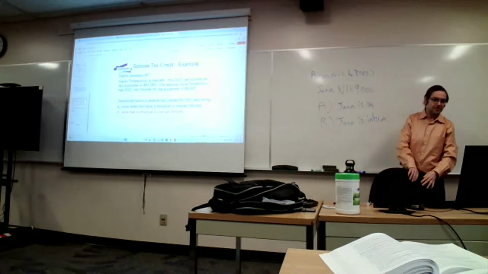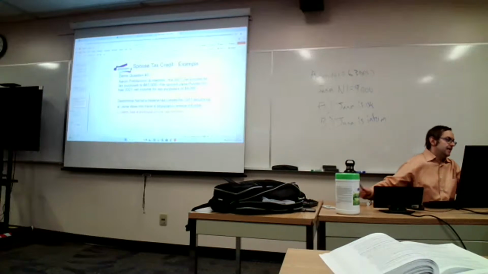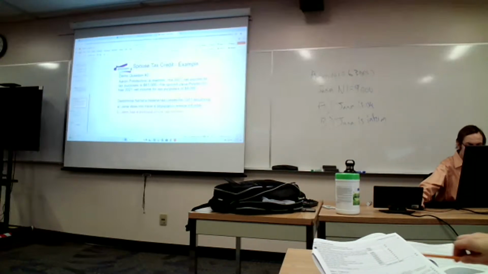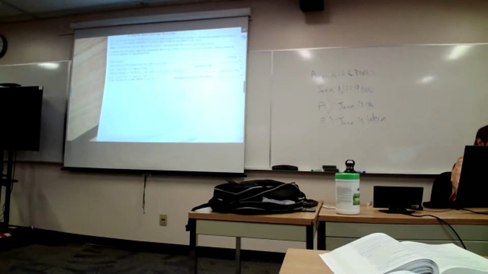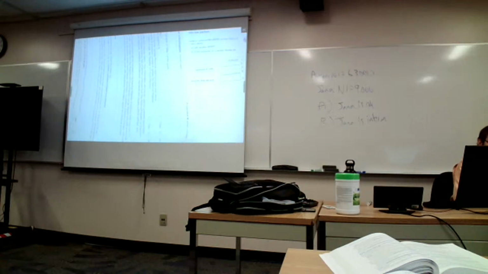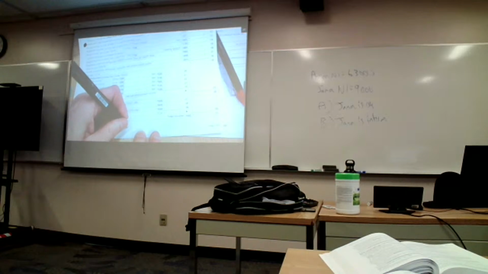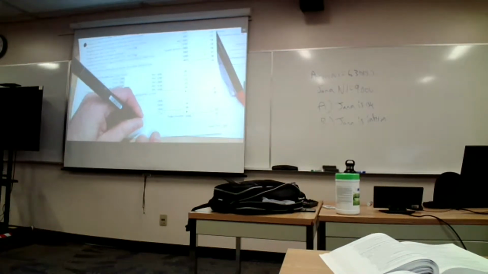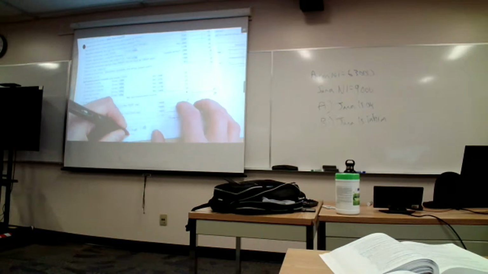Okay, so we'll look at this here. I'm going to define A as Jana is okay, and B, Jana is infirm.